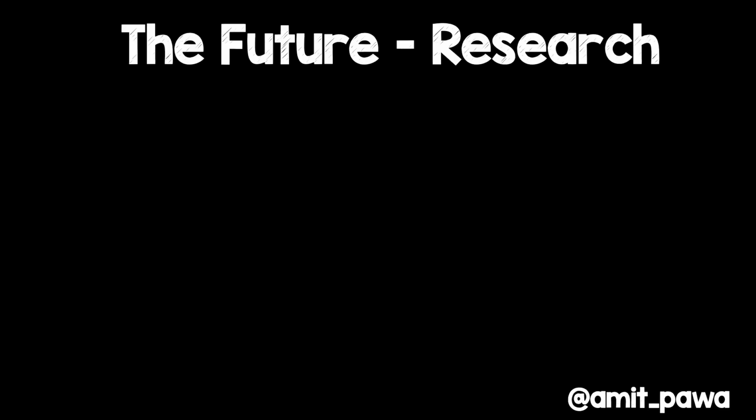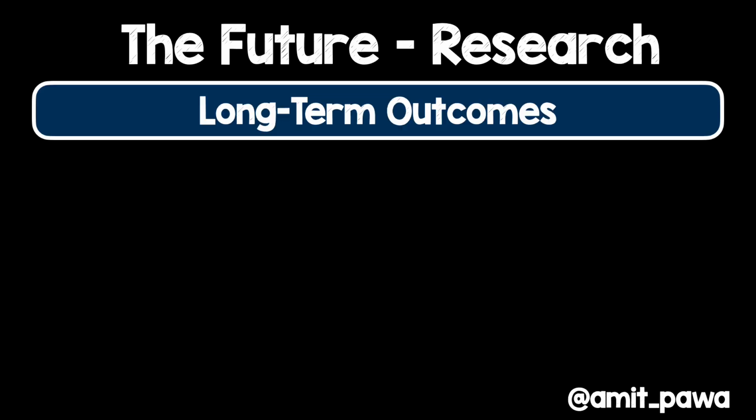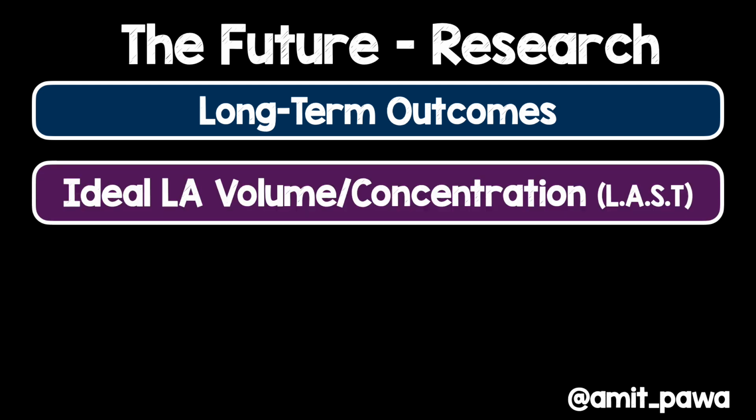So if we look to the future, what do we want research in fascial plane blocks to answer? Well, I think we need to know whether fascial plane blocks have an impact on long-term outcomes. We also need to know what is the ideal local anaesthetic volume and the local anaesthetic concentration, because one of the big concerns is using a large volume of local anaesthetic in a plane, then the risk of local anaesthetic systemic toxicity.